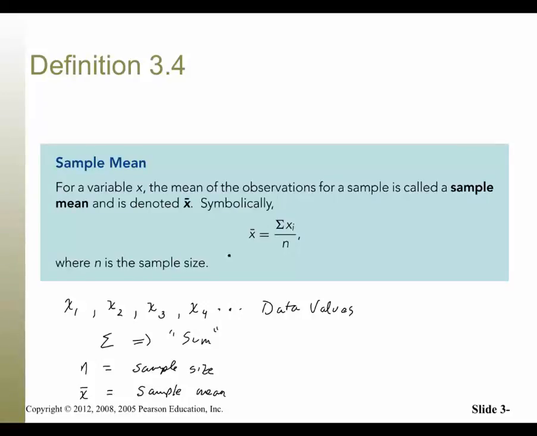So xi, where i is the index, and xi is all of these. When i is 1, you have x1. When i is 2, you have x2. When i is 3, you have x3. So all the data values, generally xi.